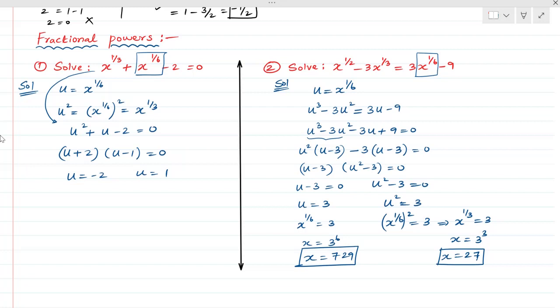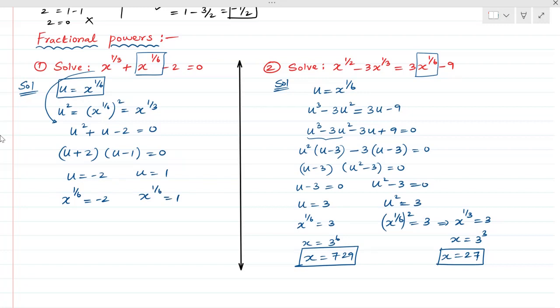What is the u value we have taken at the beginning? We have taken u equal x to the power 1 over 6. So I substitute x to the power 1 over 6 equal minus 2, and x to the power 1 over 6 equal 1.